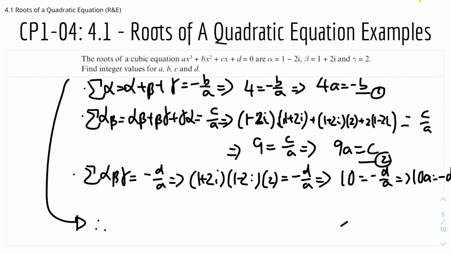The equation is, a is 1, so x cubed. Sorry, b is minus, not plus. b is minus 4, so it will be minus 4x squared. c is plus 9x. And d is equal to minus 10. Minus 10 equals 0. And that's the final answer.